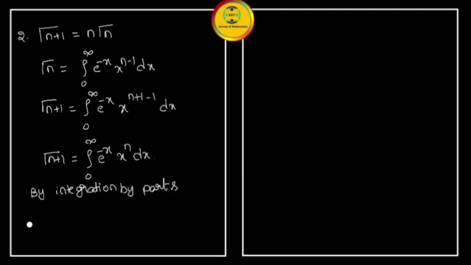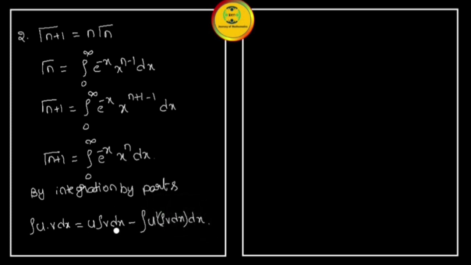What is integration by parts? Integral u v dx can be written as u integral v dx minus integral of (u dash times integral v dx) dx.